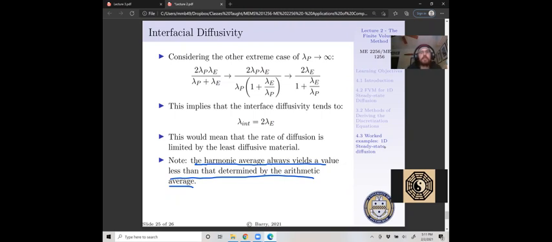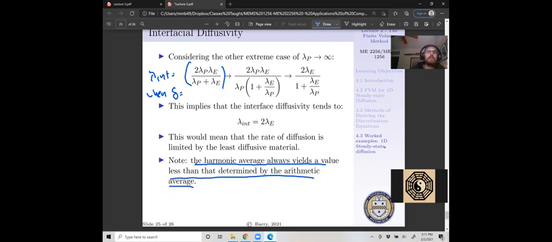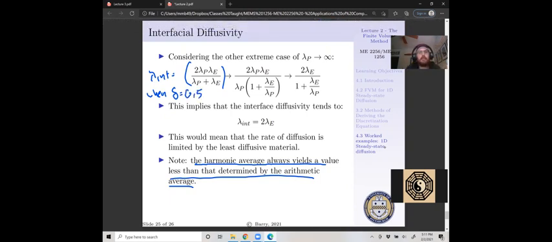Let's consider the situation where lambda p goes to infinity. We have a perfect conductor. What we can do is re-express our interfacial diffusivity when our distance in between our two cell centers was taken as a half.